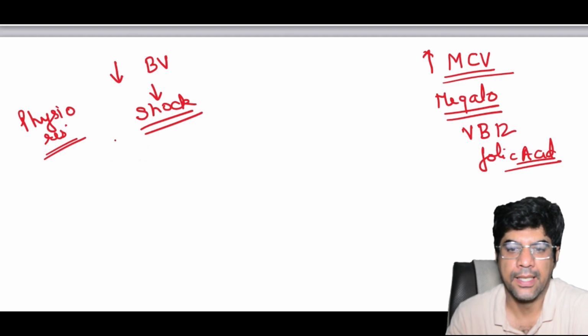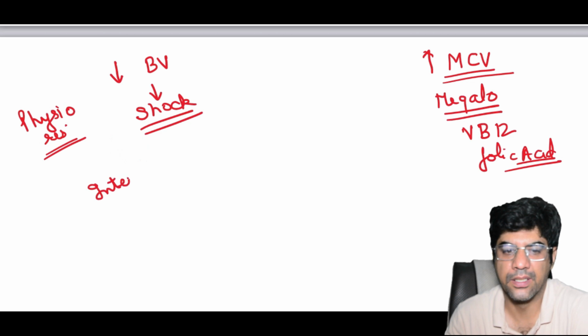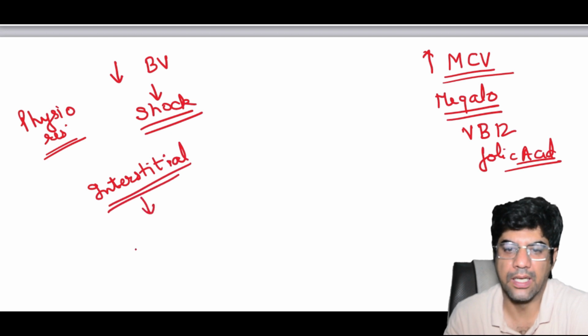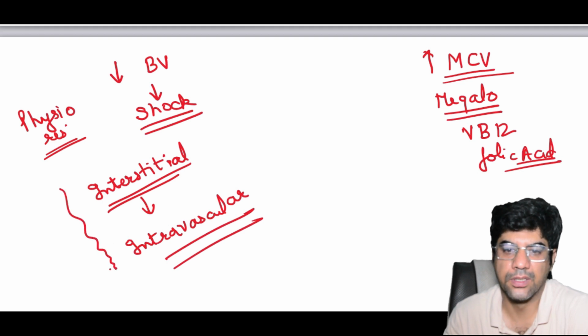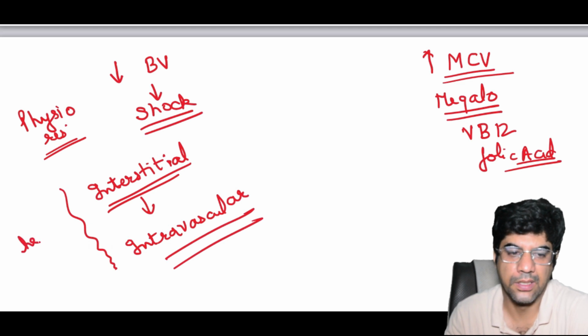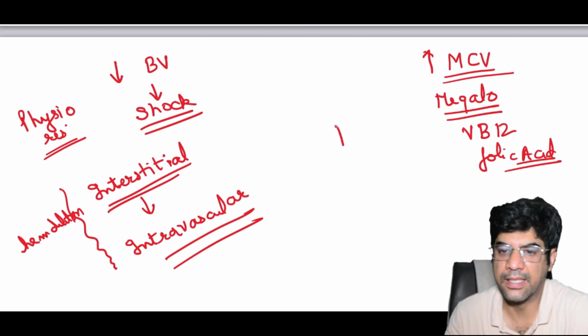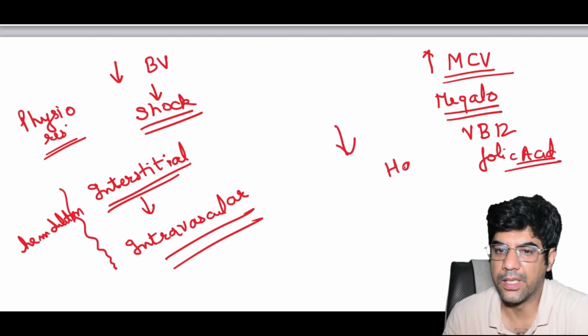If the patient survives the initial threat, then the interstitial fluid would shift into the intravascular compartment in order to compensate for the blood loss. That results in hemodilution, and decreased hematocrit.